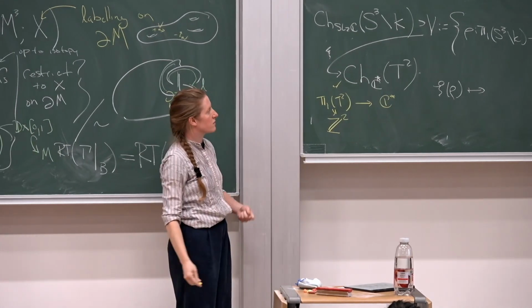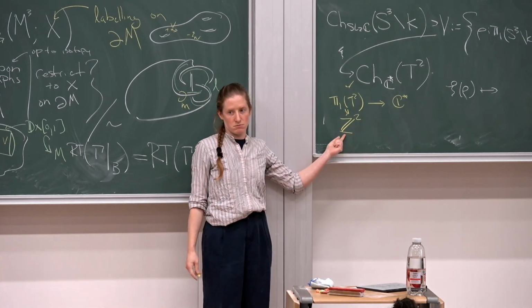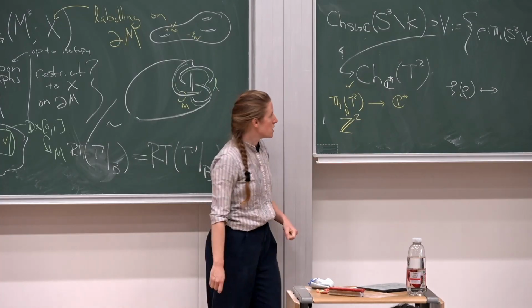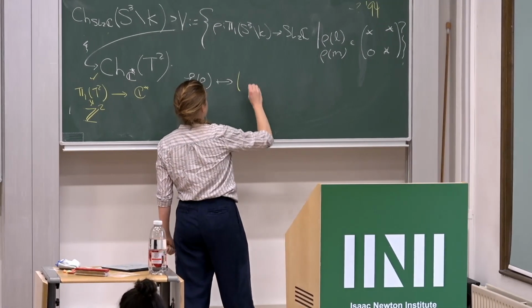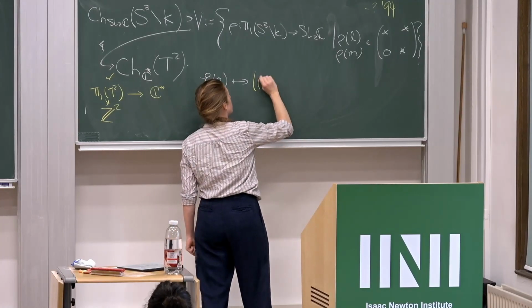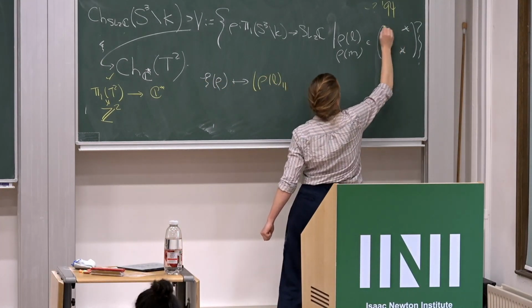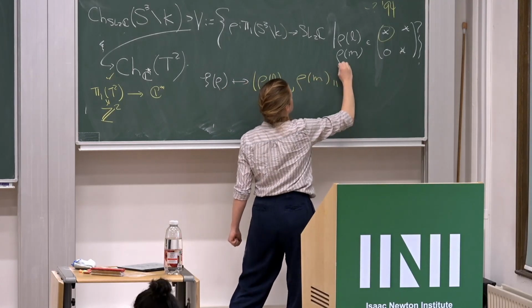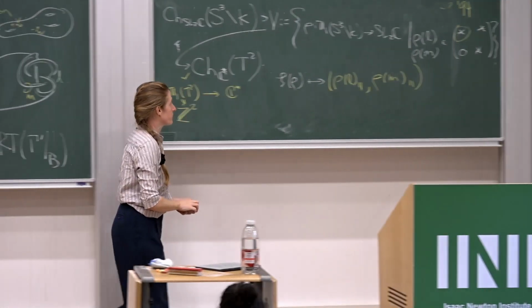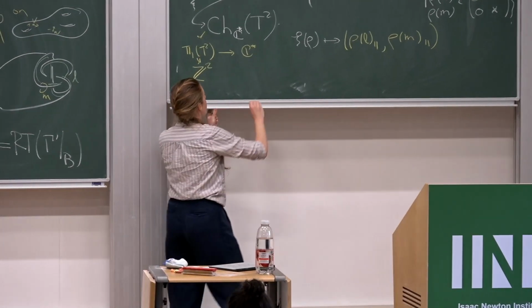So just two copies of Z. So if I want to tell you such a map, I just need to tell you two numbers, right? And what they do is they send this to rho L11, this upper coordinate here, and rho M11, that upper coordinate there.